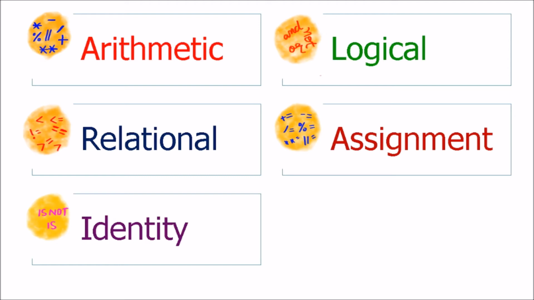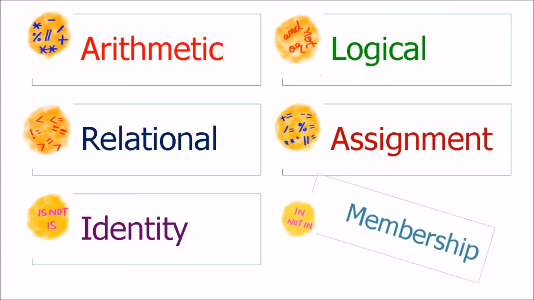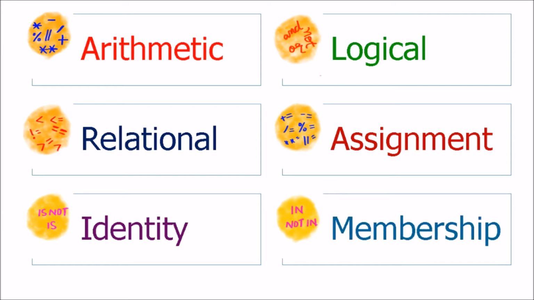But we can also say x is not y, meaning x has some different properties than y. So that is the identity operator.